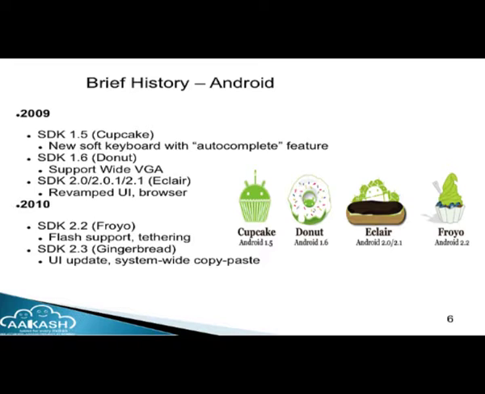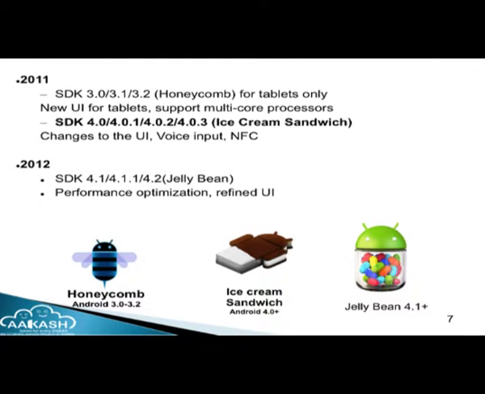This is what we had till 2010. Then in 2011 it was Honeycomb, then ICS, and our Akash tablet has the ICS version. I will show you how to check the version of the device. And in 2012, the latest update is Jelly Bean. Let me just go and show you. So again, a representation, all dessert names they have provided.